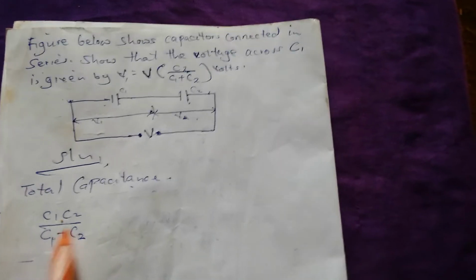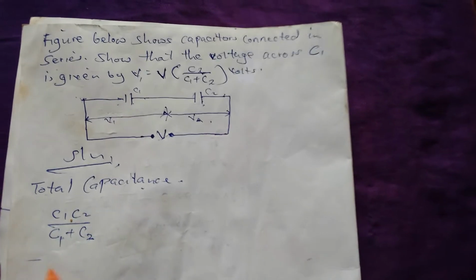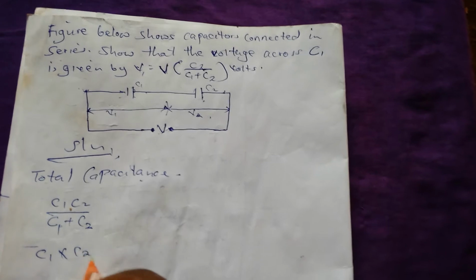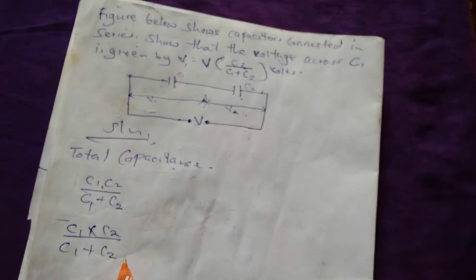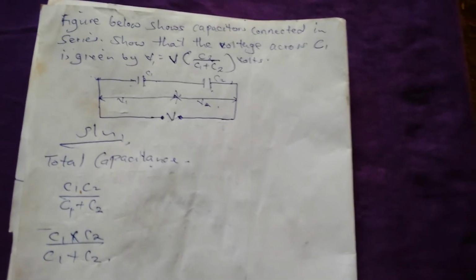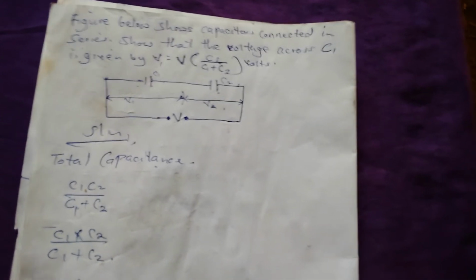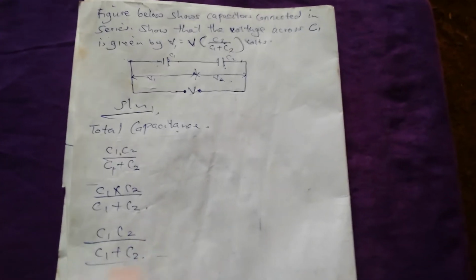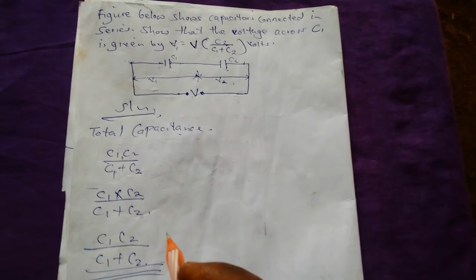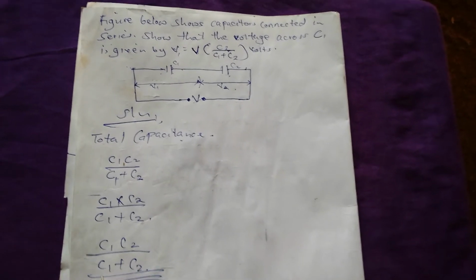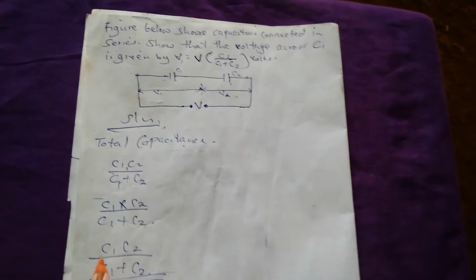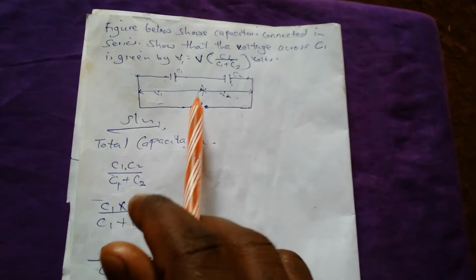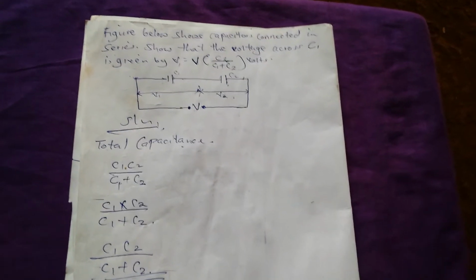So for the total capacitance, we are going to say C1 times C2 over C1 plus C2. The final answer is C1 C2 over C1 plus C2. This is the total capacitance in this connection.